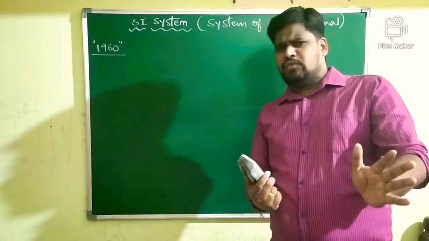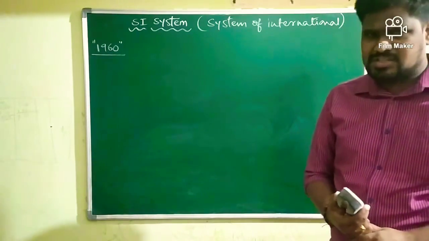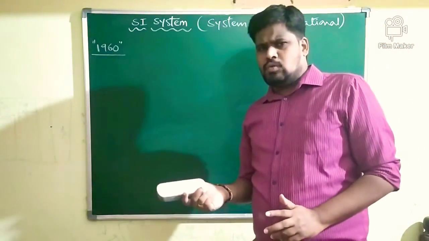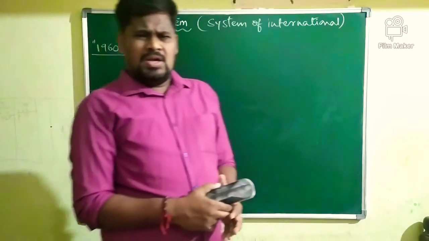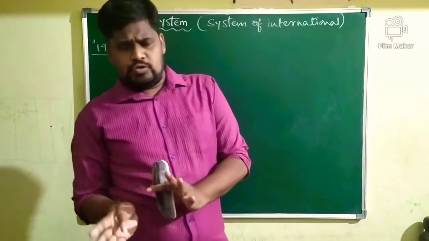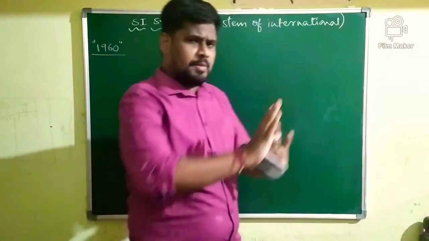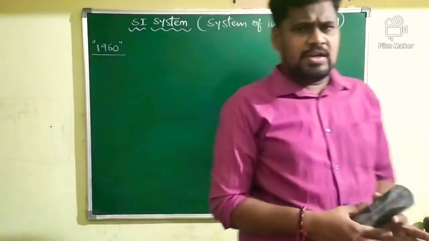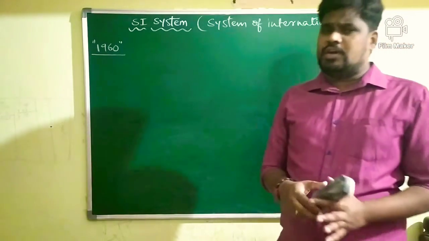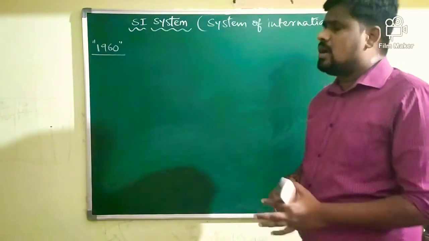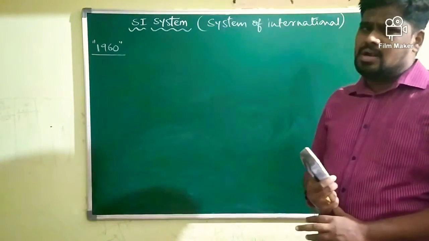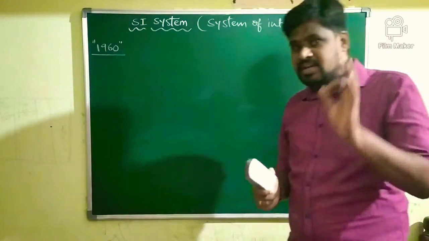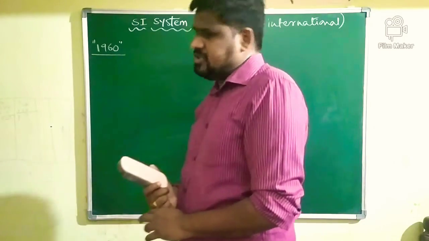Some may be using the CGS system, some the FPS system, some the MKS system. Generally there was confusion when referring to the books of various countries. To avoid this difficulty, in 1960, a meeting on general weights and measures was held.